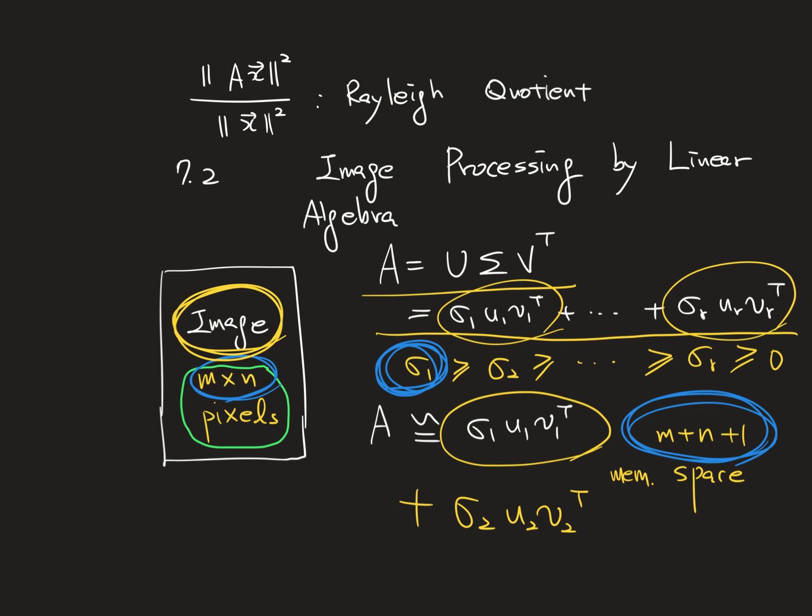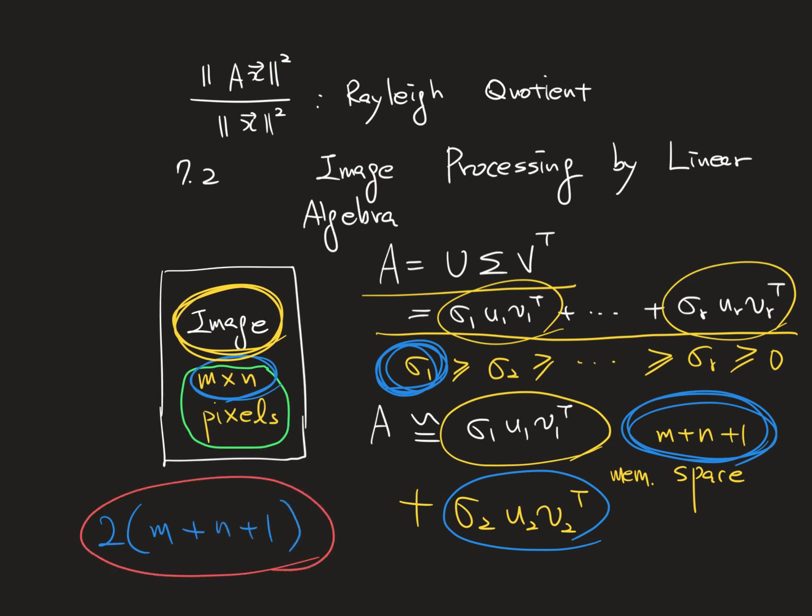With just the first term, what we need is m plus n plus 1 memory spaces, which is also much less than m by n, so we can save a lot of space. This is used in JPEG image compression, and we can use singular value decomposition for compressing. And this is the end of the lecture for 7.1 and 7.2.